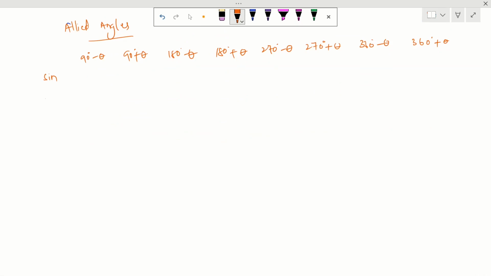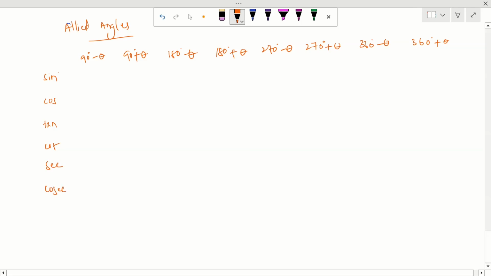I will write here sine theta, cos, tan, and then cot, secant, and cosecant, right? So what is the meaning of this?